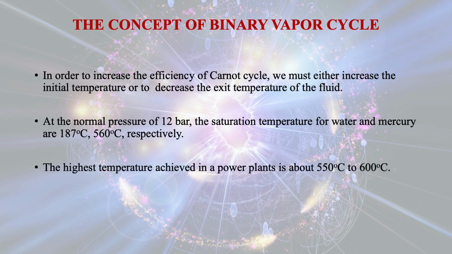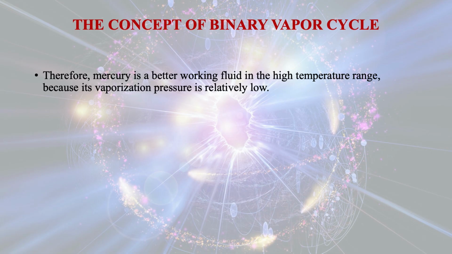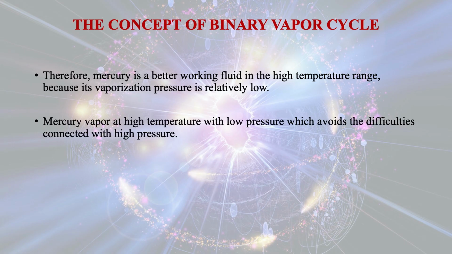The highest temperature achieved in a power plant is about 550 to 600 degrees centigrade. Therefore, mercury is a better working fluid in the high temperature range because its vaporization pressure is relatively low. Mercury vapor is at high temperature with low pressure, which avoids the difficulties connected with high pressure.